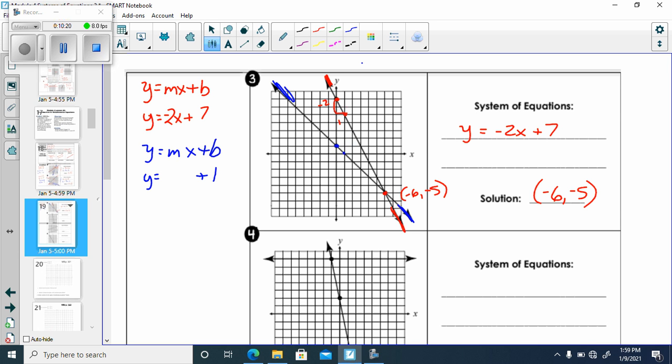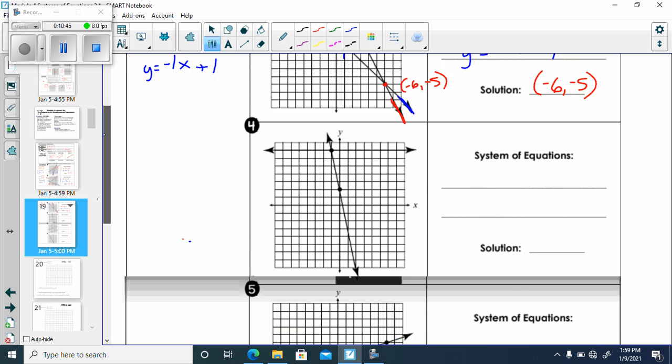We need 2 points that cross grid lines. This is going down 1 and over 1. The slope would be -1. y is equal to -1x or -x, doesn't matter. Okay, that's your system of equations. Usually they're not going to ask you to find the system of equations. They'll just ask you to find the solution.